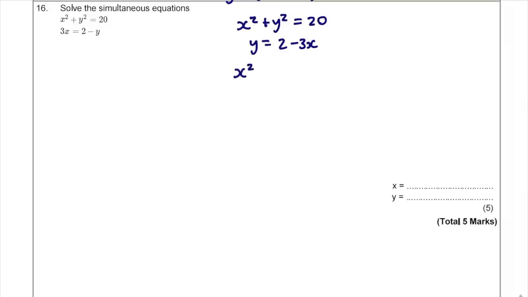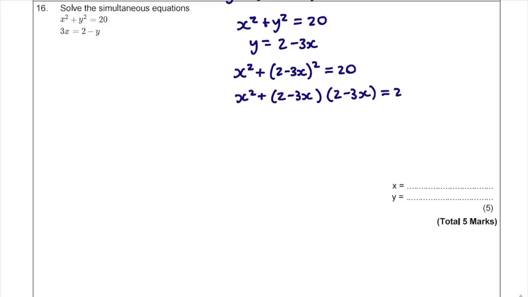So that's going to be x squared plus (2 minus 3x) all squared equals 20. Then if I expand this bracket, we're going to have x squared plus 2 times 2 is 4, and 2 times minus 3x is minus 6x, minus 3x times 2 is minus 6x, and then minus 3x times minus 3x is plus 9x squared, and that all equals 20.